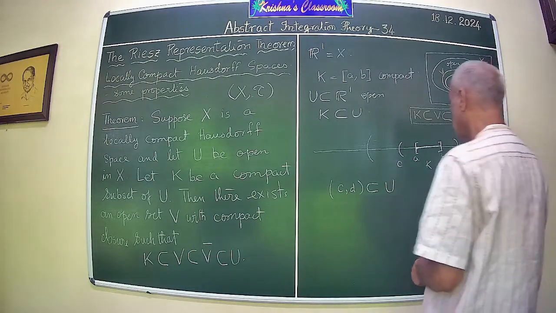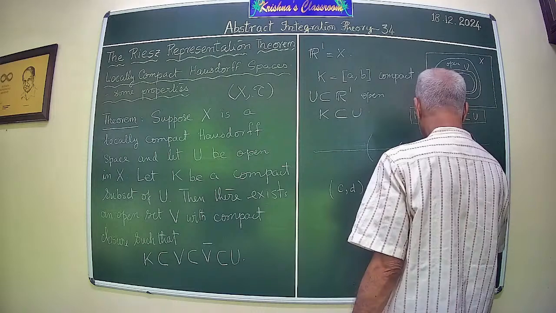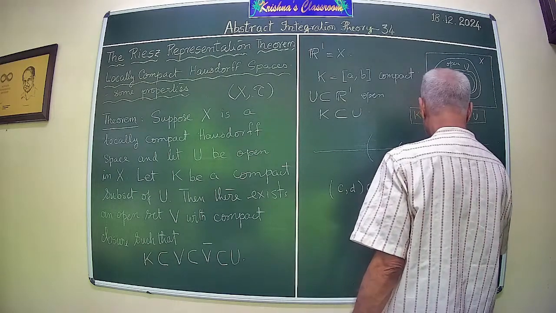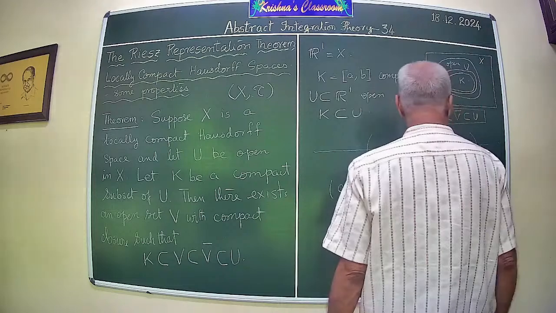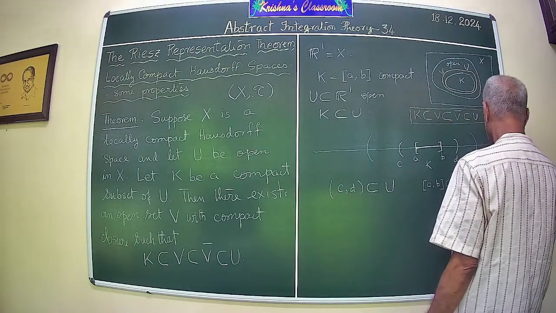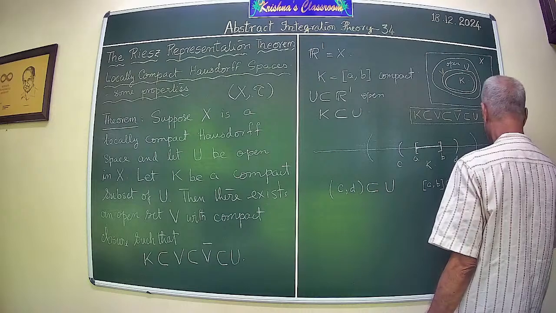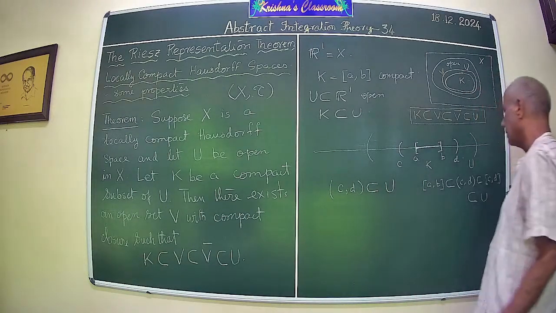Then K is contained in (C, D), and its closure is contained in the given open set.